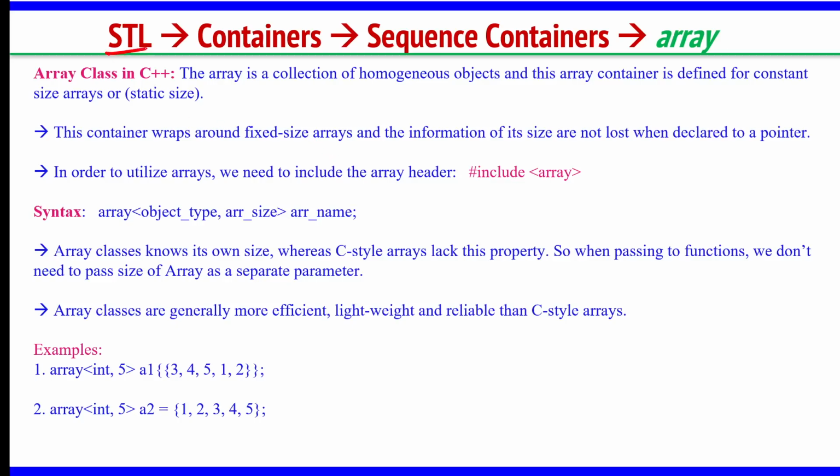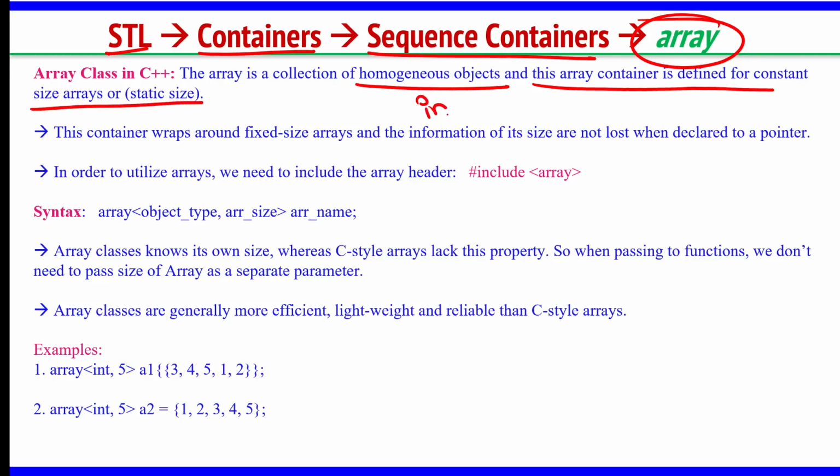So, in the STL of C++, we have containers. In containers there are different types, the first one being sequence containers, and in that the first one is the array container. Let us see what this array container is. The array is a collection of homogeneous objects, and this array container is defined for constant size arrays.